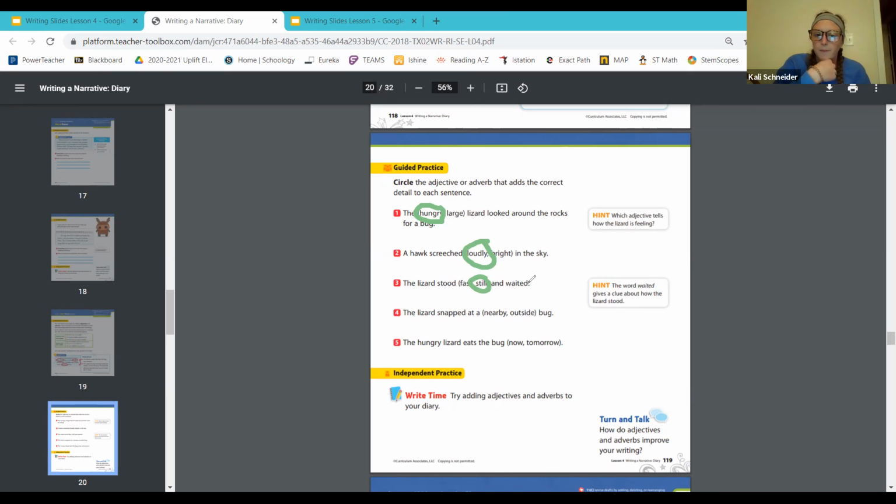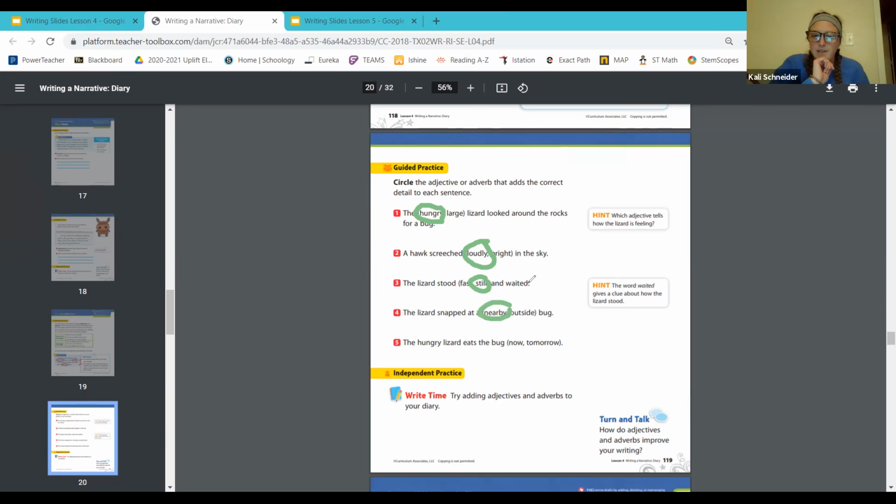All right, number 4. The lizard snapped at a nearby bug. Or the lizard snapped at an outside bug. Well, if it's snapping at it, it's going to be trying to eat it, right? So it needs to be nearby. It needs to be close to him.